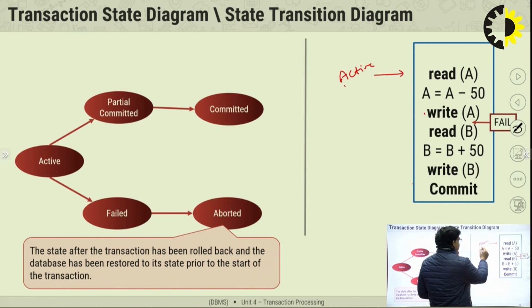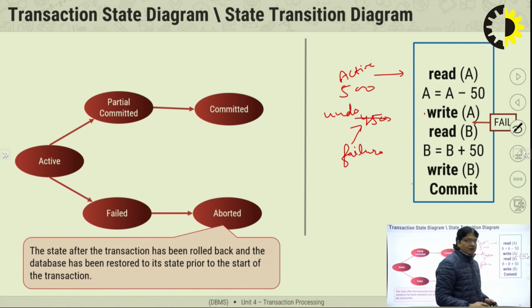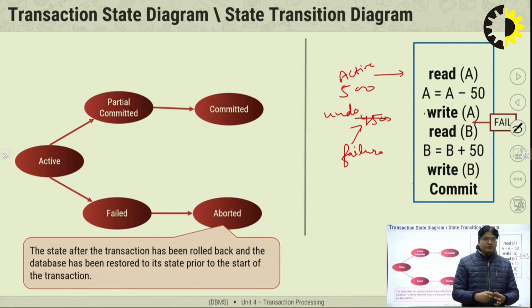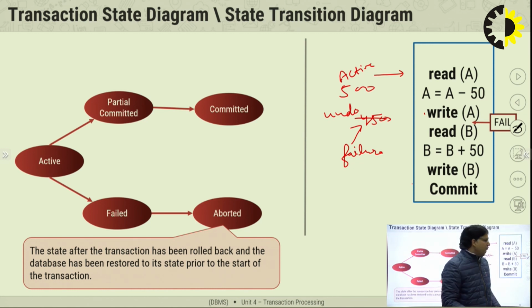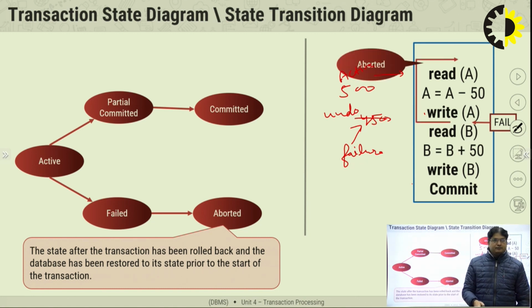Suppose this value is 500, now this becomes 450 and the transition fails, then we need to undo this value, that is, we will be using the abort, the undo command to roll back this value. So, this value will be aborted in case of failure.